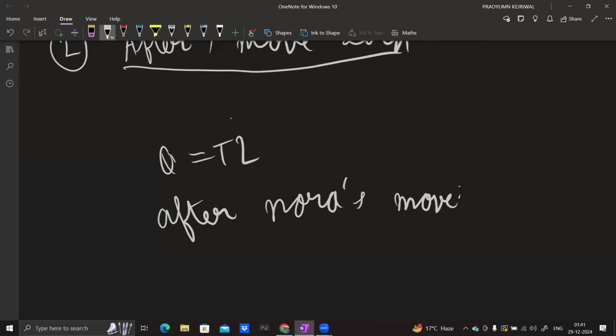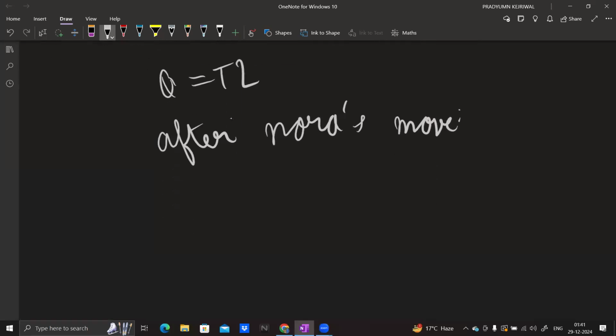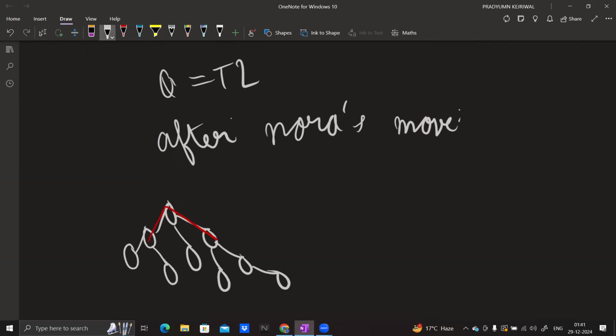Like initially, if the snake is somewhere, let's say this is a tree, and the snake is here. This is P, this is Q.